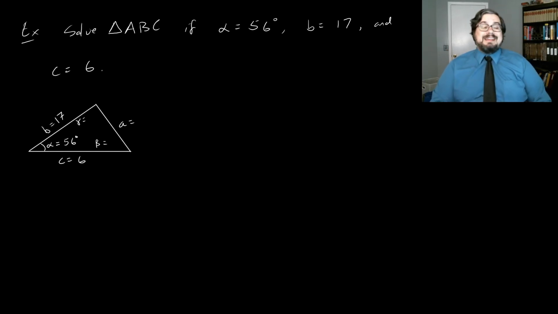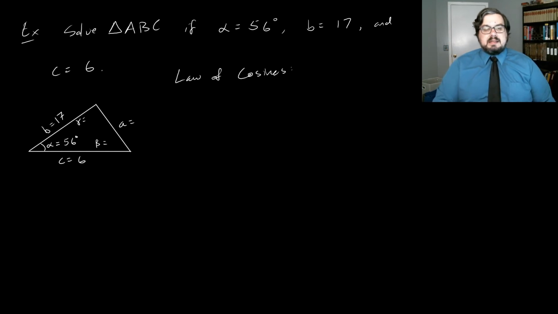We don't have any angle and opposite side, so law of sines won't work. Also, we're only given the one angle rather than two, and so we're not going to be able to figure out the other one just by subtracting from 180 degrees. This is precisely the sort of situation where we would use the law of cosines.